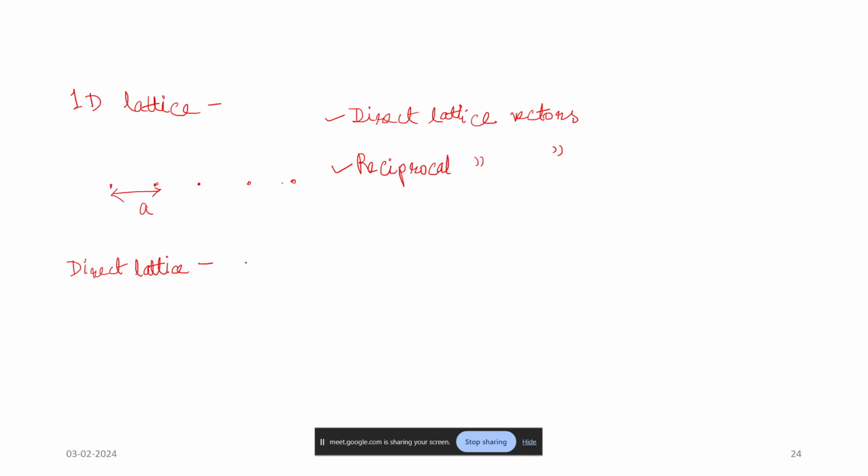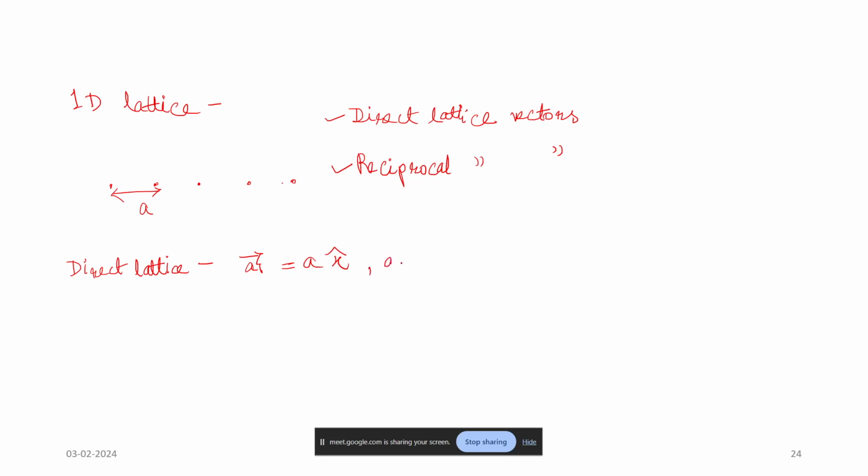We will define three vectors, even though it is one dimensional, because in the expression for the reciprocal lattice we have to divide by volume. So here a1 is a x cap, say this 1D lattice is only in the x direction.